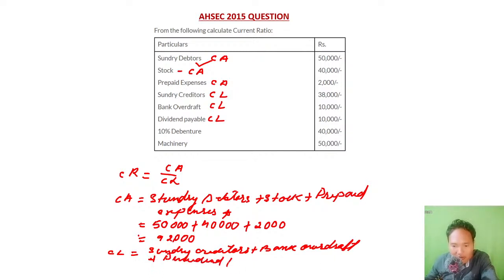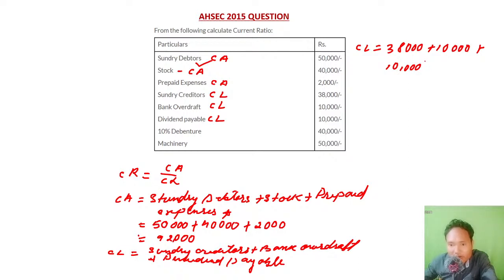The amounts will be: your sundry creditors is 38,000 plus bank overdraft 10,000 plus dividend payable is 10,000, and that's all, and the total amount is 58,000.